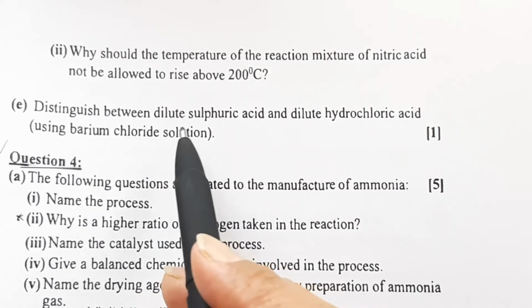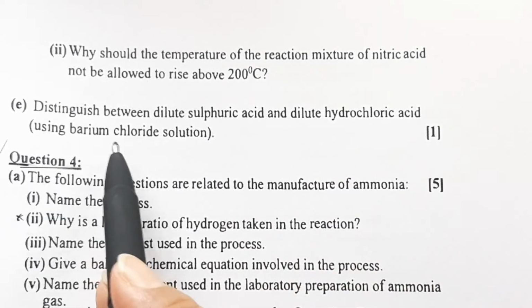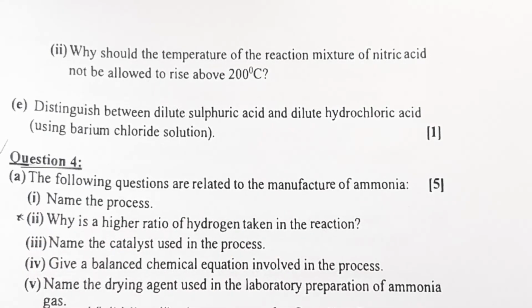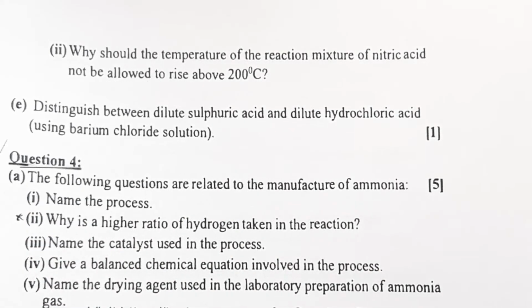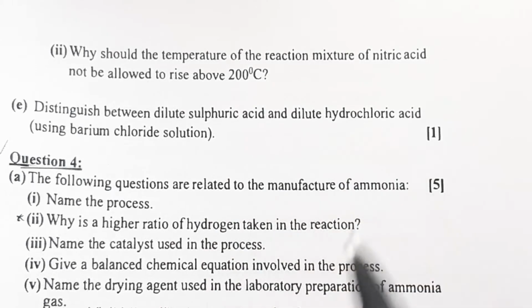Distinguish between dilute sulfuric acid and dilute hydrochloric acid using barium chloride. Now these questions are very, very important because they use analytical chemistry. You will have to make 3 columns, one for the test, one for dilute sulfuric acid and the other one for dilute hydrochloric acid.